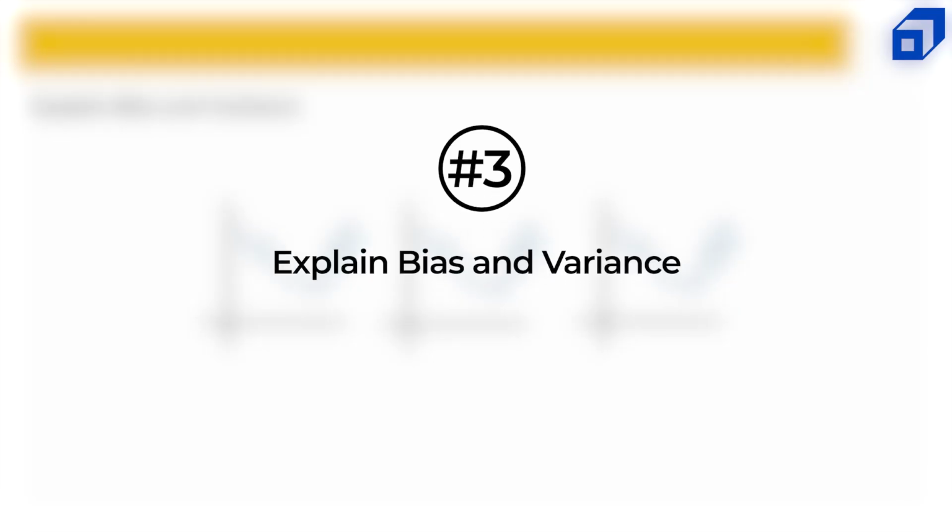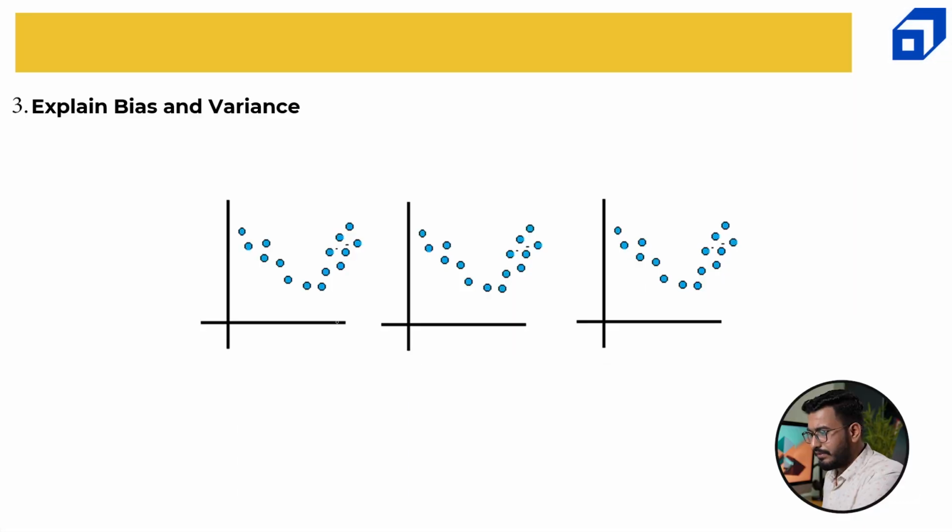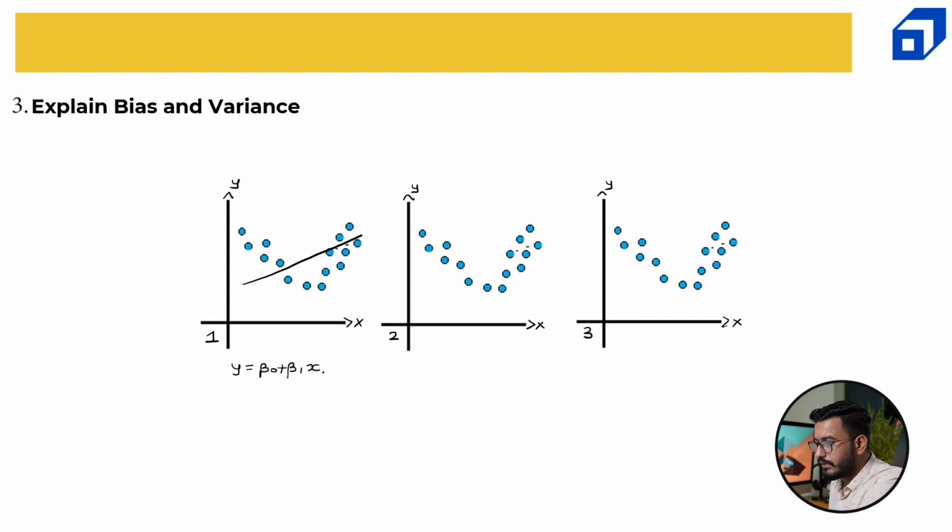Now let's understand the third question, bias and variance. If you have understood the previous question, which was regarding overfitting and underfitting, this is very simple to understand. We have the same data. Let me quickly mark it. Create the same model. So this was a linear model with y is equal to beta naught plus beta 1 of x.